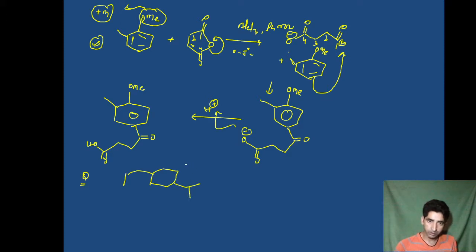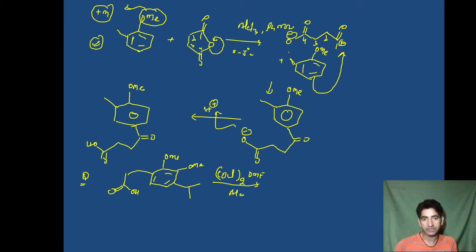Over here I have OMe, over here I have OMe, and over here I have a double bond, single bond OH, double bond O, meaning carboxylic group, and this is our benzene ring. So this is treated with oxalyl chloride, COCl2, in DMF, then AlCl3.